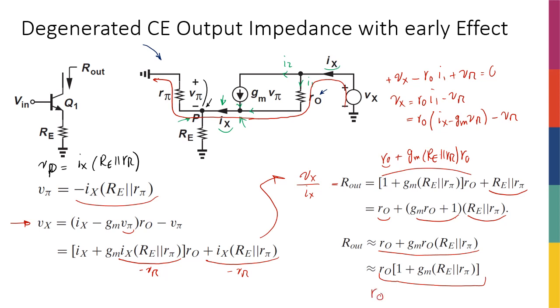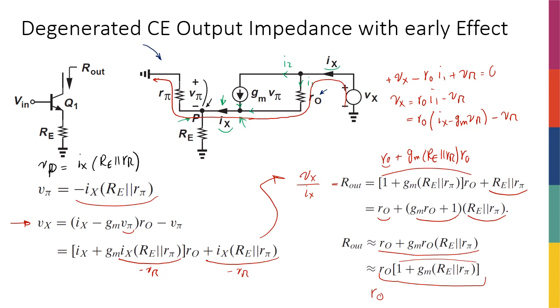Now I have R naught times a huge expression that is basically this Re in parallel with R pi. Let's say it's in the order of a few hundred ohms to 1 kilo ohm, typical numbers, times GM. Imagine that there wasn't any Re. So GM R pi was in the order of beta. So you can imagine that this expression inside the bracket is going to be in the order of 100 or something. So we're increasing this resistance by a lot, right?